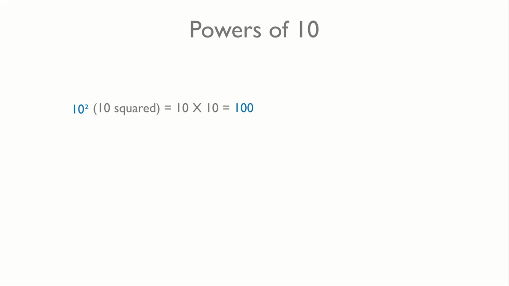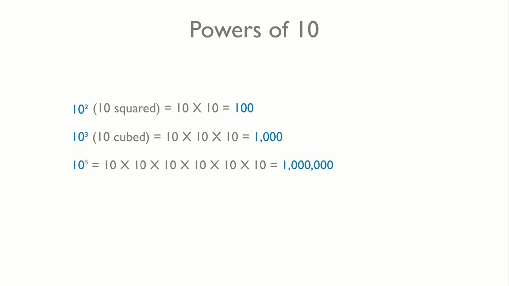Powers of 10 describe numbers in exponential form. 10 to the second power is also called 10 squared and is equal to 10 times 10 or 100. Also, the number of zeros after the 1 is the same as the number of the exponent. 10 to the third power is also called 10 cubed and is equal to 10 times 10 times 10 or 1000 with 3 zeros to the right. 10 to the sixth power is 10 times itself 6 times and equal to 1 million with 6 zeros to the right.